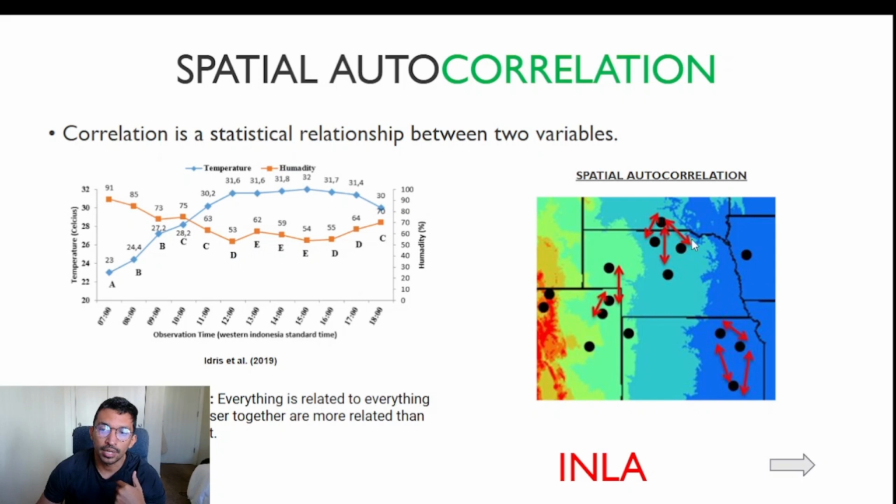That is what I call autocorrelation. We can find a strong autocorrelation, and maybe a weak one between both. The first one and the second one are highly related. That is what we call the first law of geography, where everything is related to everything else, but things that are closer together are more related than things that are further apart.